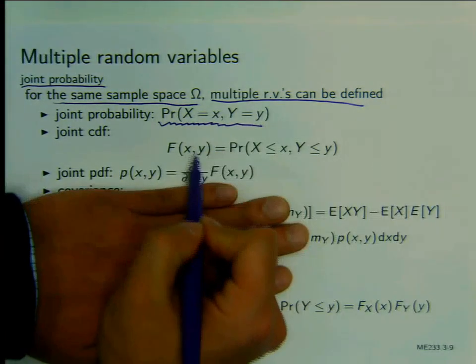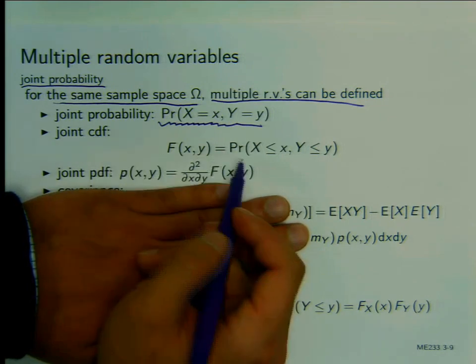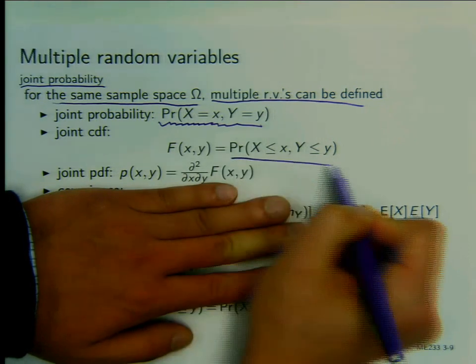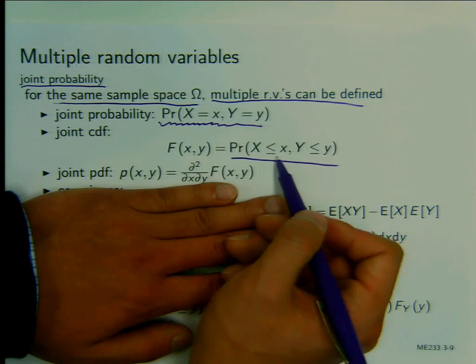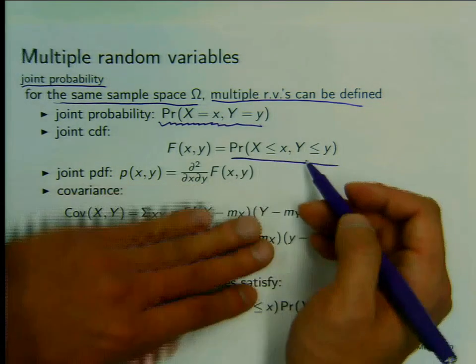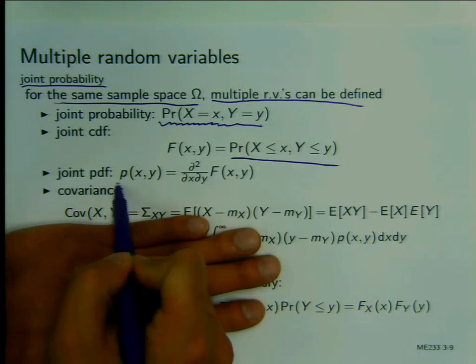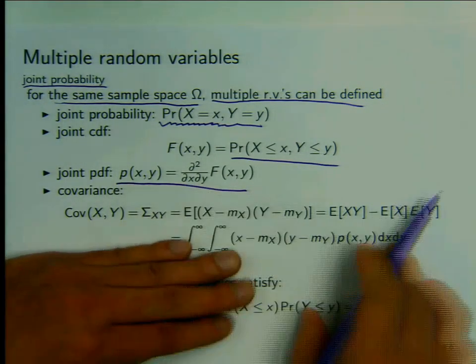It also makes sense to define the joint cumulative distribution function: what's the probability that x is less than or equal to small x, and y is less than or equal to small y? Then the joint probability density function is the partial derivative with respect to x and y.